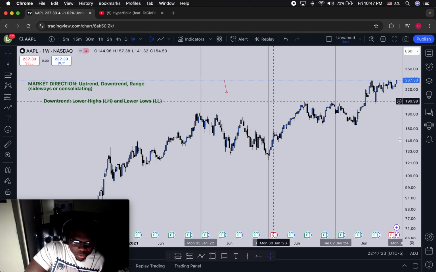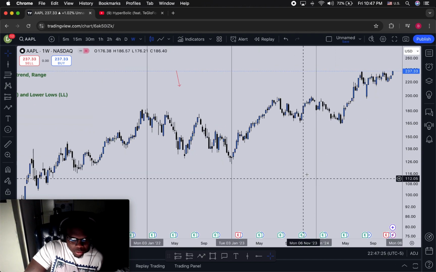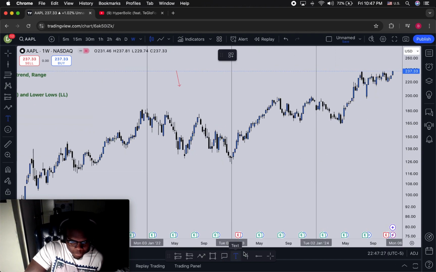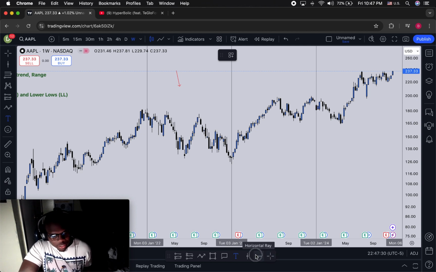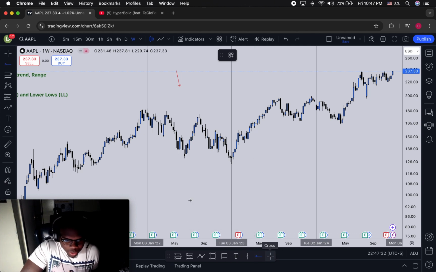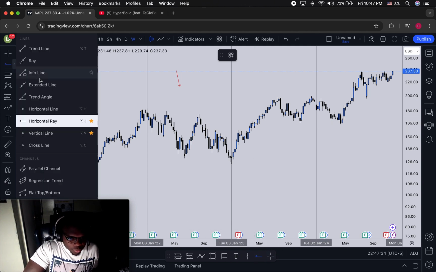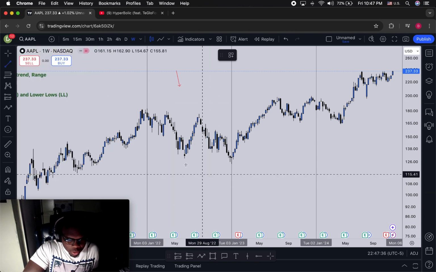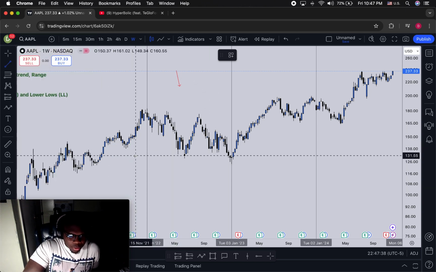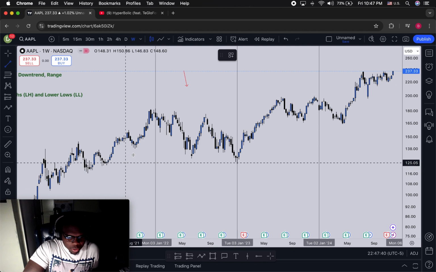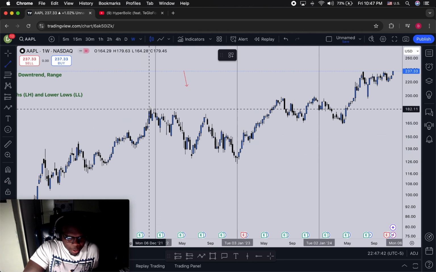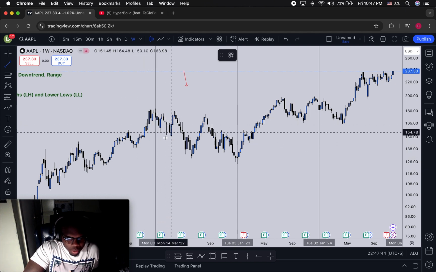So let me zoom in a little bit. This isn't the candlestick highs and lows, I want to point out. So we have the trend line here. We have a previous uptrend, and then we have a move downward.